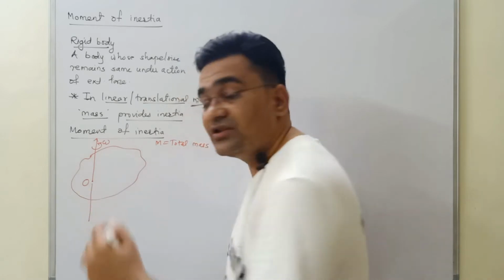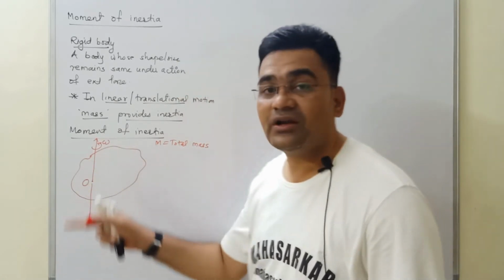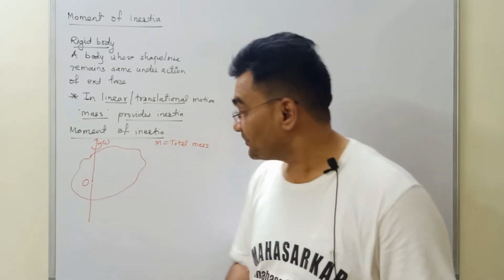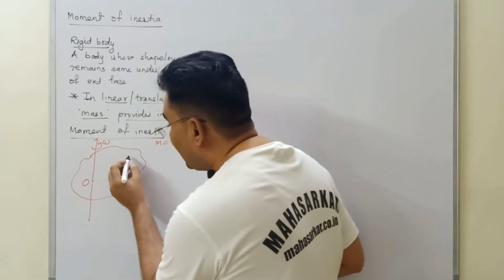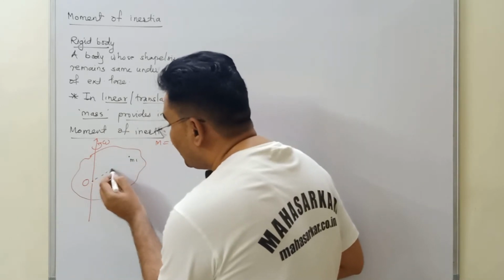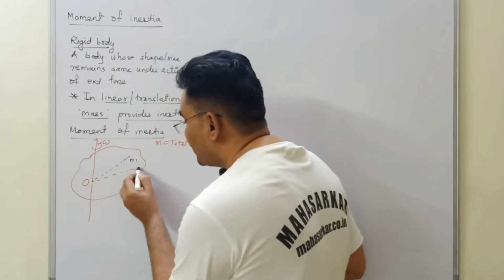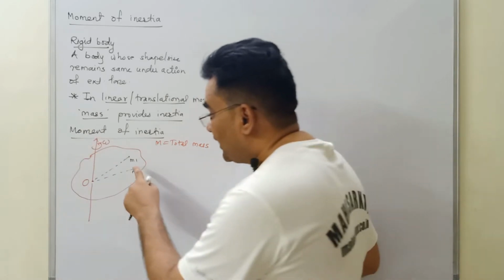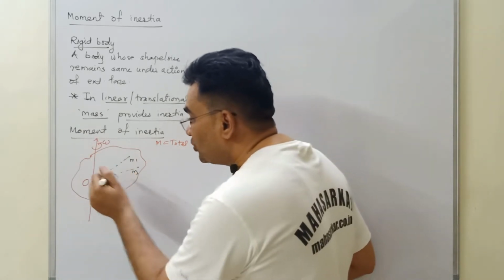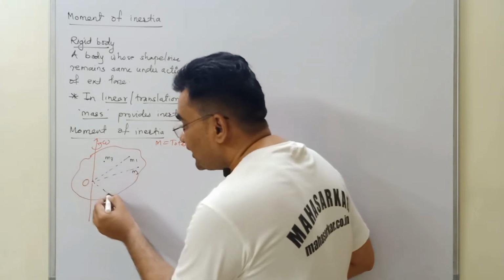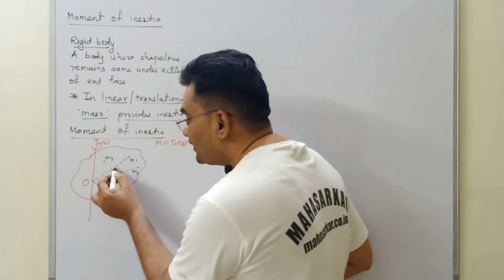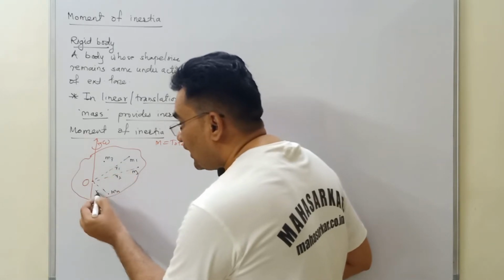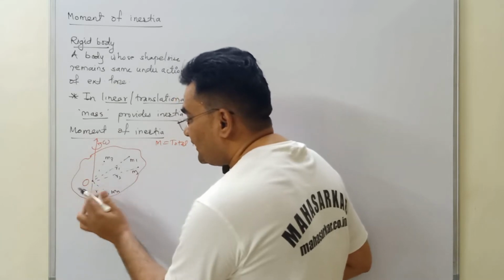But to discuss the rotational motion of this entire body, as it does not have a symmetrical shape, it is difficult to consider any distance because all the distances are changing. So for that, just imagine that the body has different particles of different masses situated at different distances. For example, the body is made up of a large number of particles, and every particle has mass m1, m2, m3 up to mn, and all the particles are situated at different distances r1, r2, r3 up to rn.